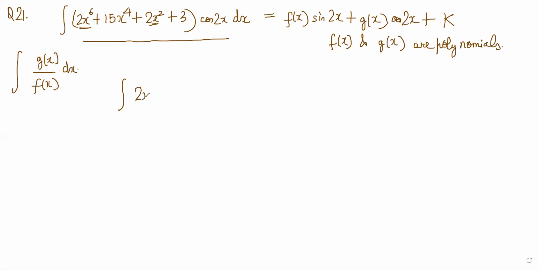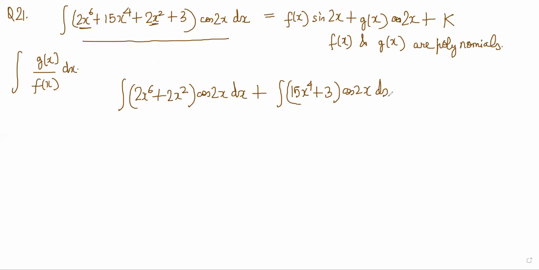So I'll group this together: the integral of 2x power 6 plus 2x square multiplied by cos 2x dx, plus the integral of 15x power 4 plus 3 multiplied by cos 2x here, right? Now, this integral, it is useful to do it by parts. I will take this as the first function so that when I differentiate it, it becomes smaller.